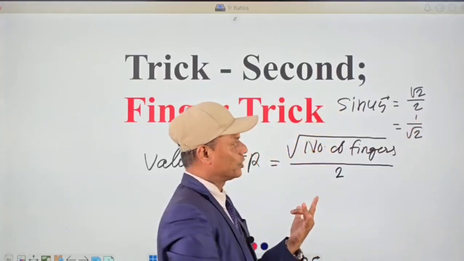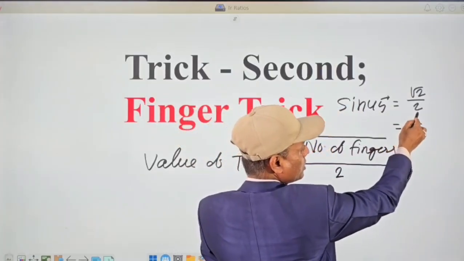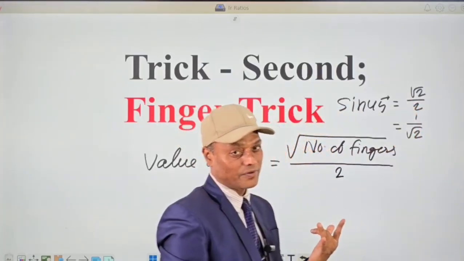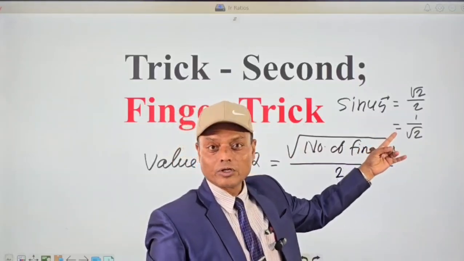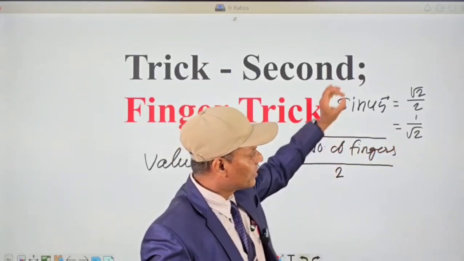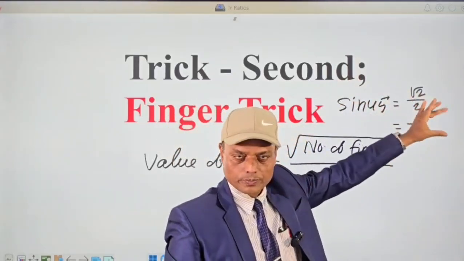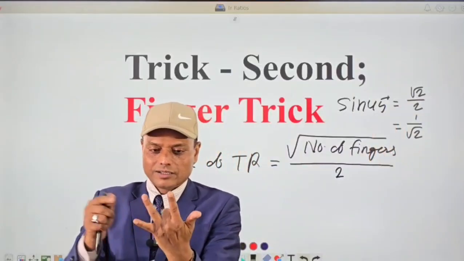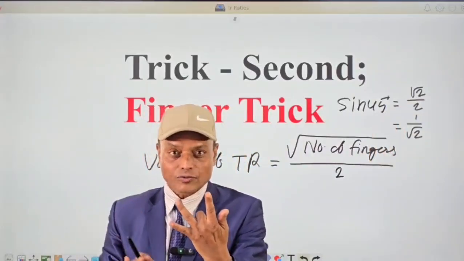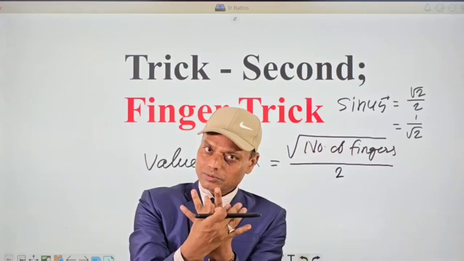You can rationalize, because this 2 means root 2 into root 2, and one root 2 you can cancel up and down, and finally you will get 1 by root 2. So there is nothing really different between 1 by root 2 and root 2 by 2. Okay, and that of cos 45 degree is also root 2 by 2.